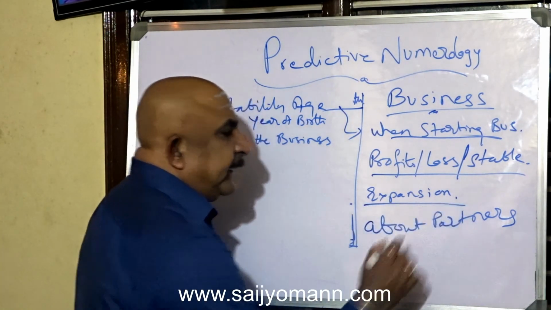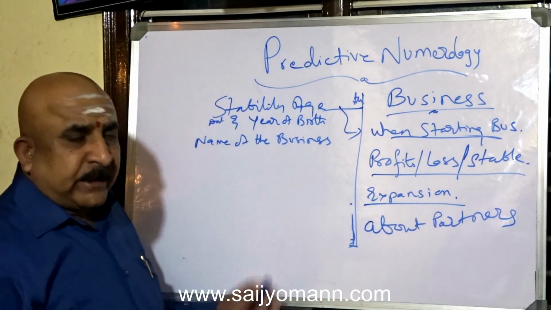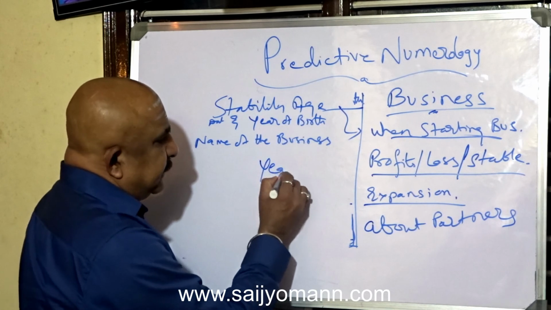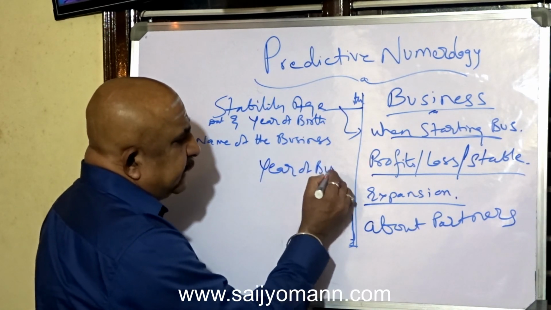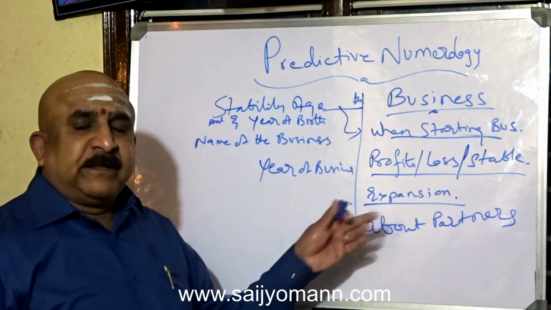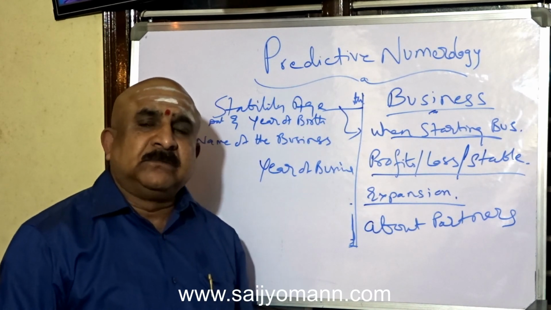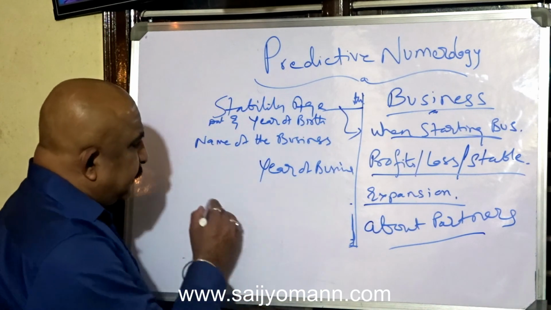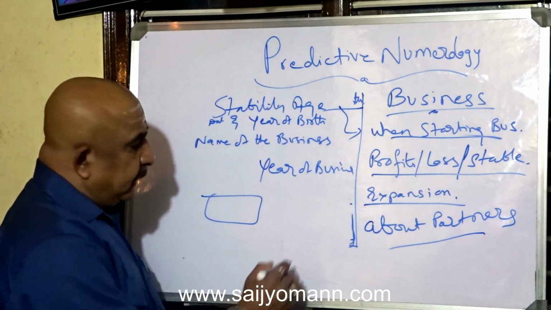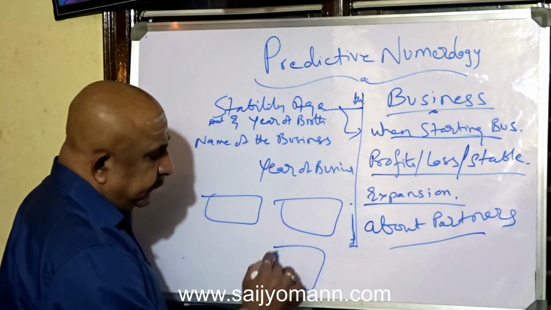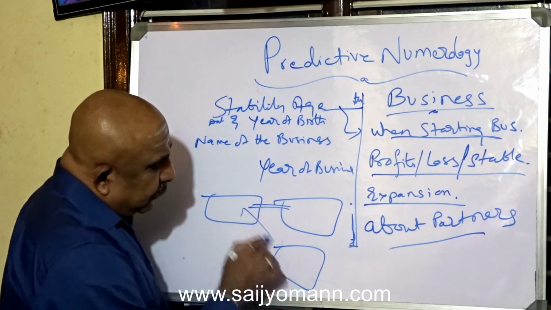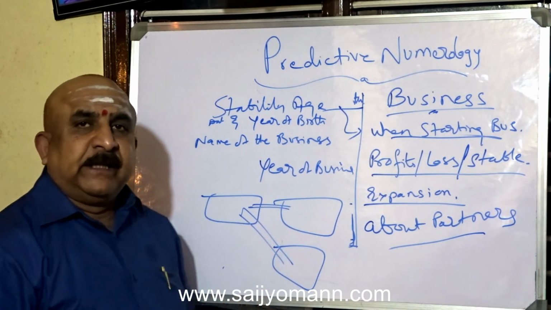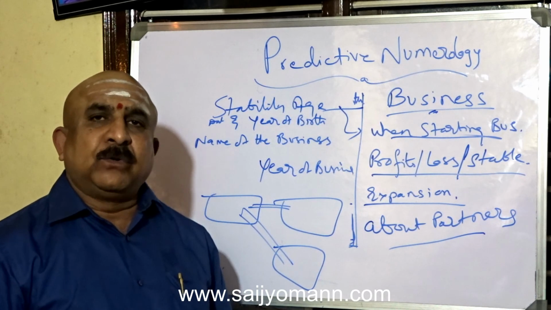Expansion. Based on the year of starting of the business, you can know whether the business is going to be expanded or not. Partners. Take your name, partner's name. If this is correlating, then the partners are okay for you.